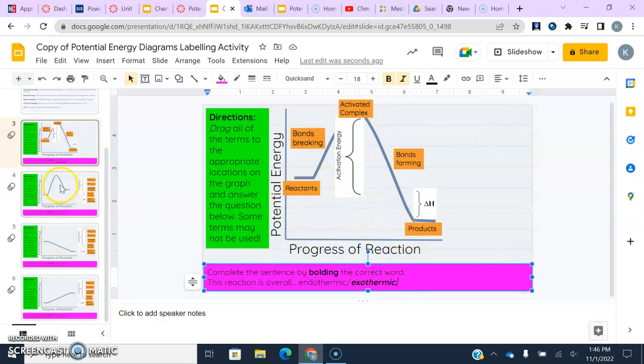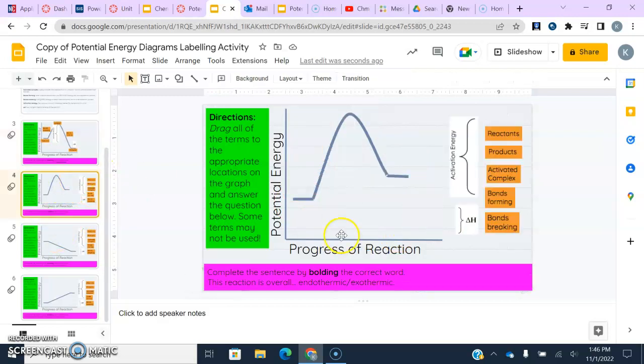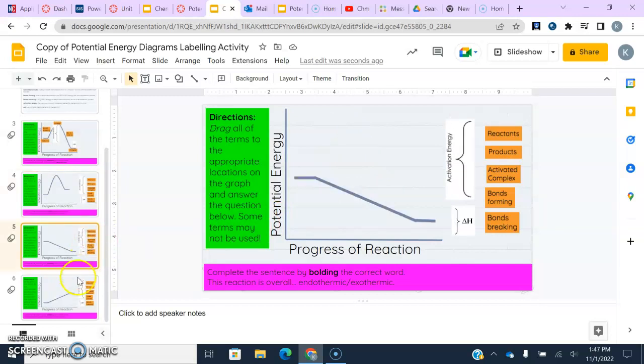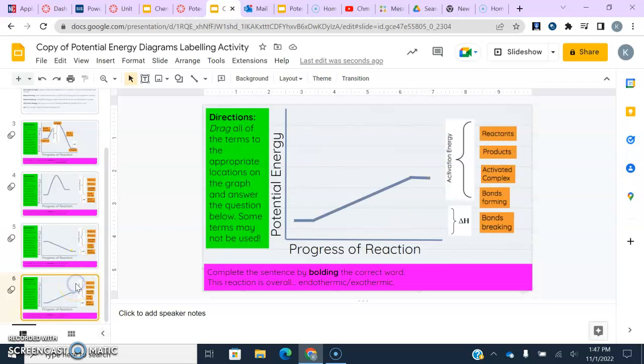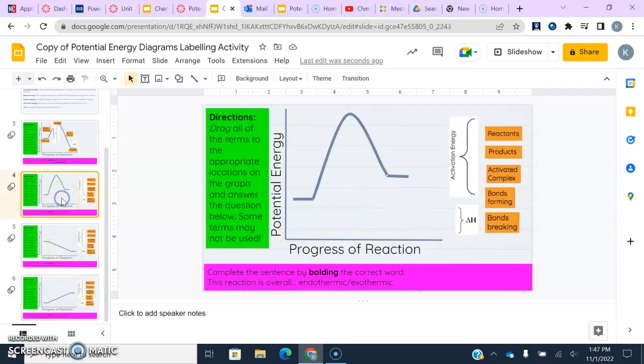The second one is done the exact same way, although if you look, the energy of your products is going to be a little bit different than the energy of your reactants, so make sure when you're deciding whether this is endothermic or exothermic. And then 5 and 6 will be a little bit of a challenge for you, because if you notice, there is no climax or bump in the diagram.